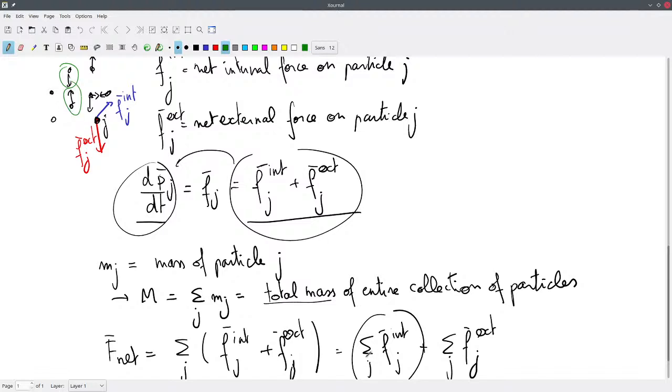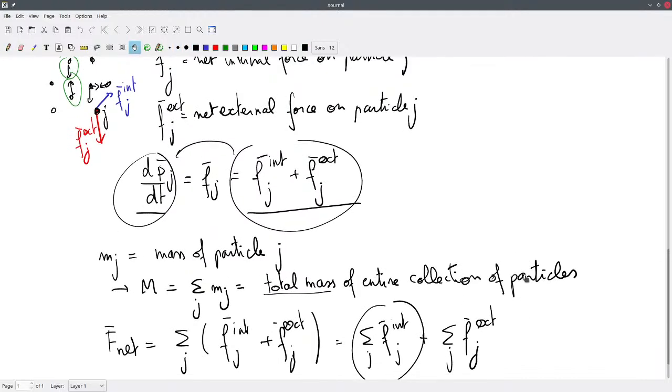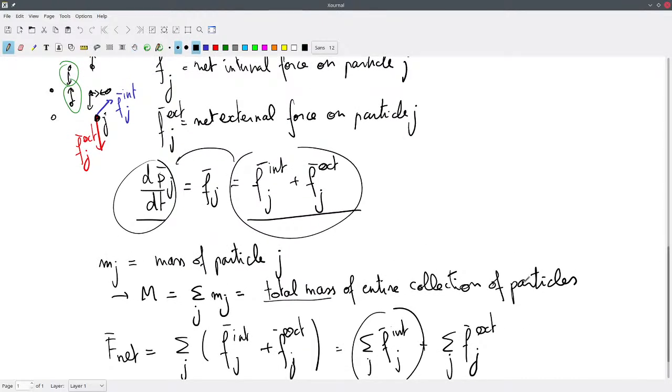So when I'm going over the particles, for one particle I'll have a component of the internal forces pointing in one direction, and because it's an internal force, there must be another particle that has the equal and opposite force applied. So for each of the forces included in the internal forces, there will be an equal and opposite component also included.